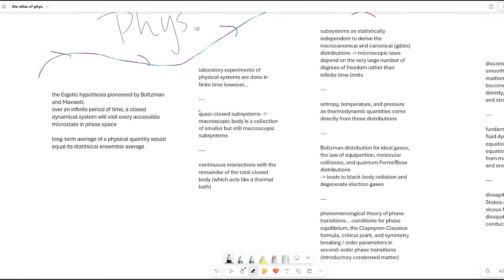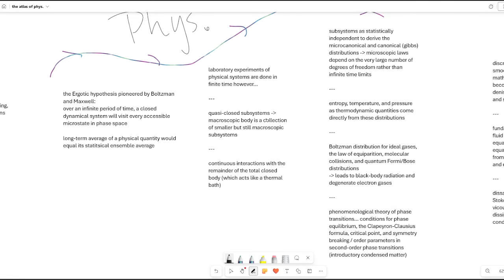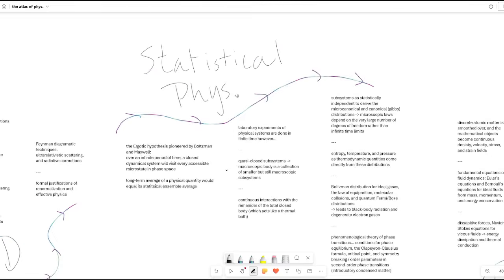Mathematicians are still interested in infinite time periods for closed dynamical systems. But for the sake of understanding physics, it suffices to work with closed subsystems, where a macroscopic body is a collection of smaller but still macroscopic subsystems. The continuous interactions with the remainder of the total closed body act like a thermal bath on the system.